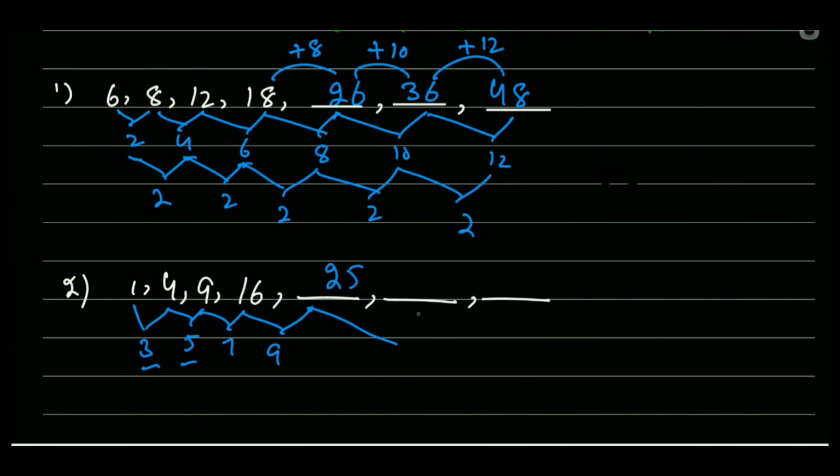The next difference will be 11. So if we add 11 to 25, you will get 36. The next difference will be 13. If you add 13 to 36, you will get 49.